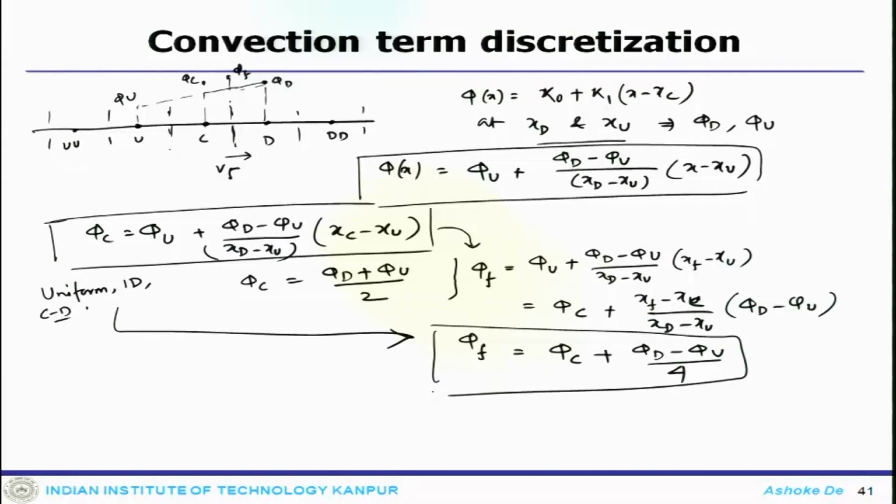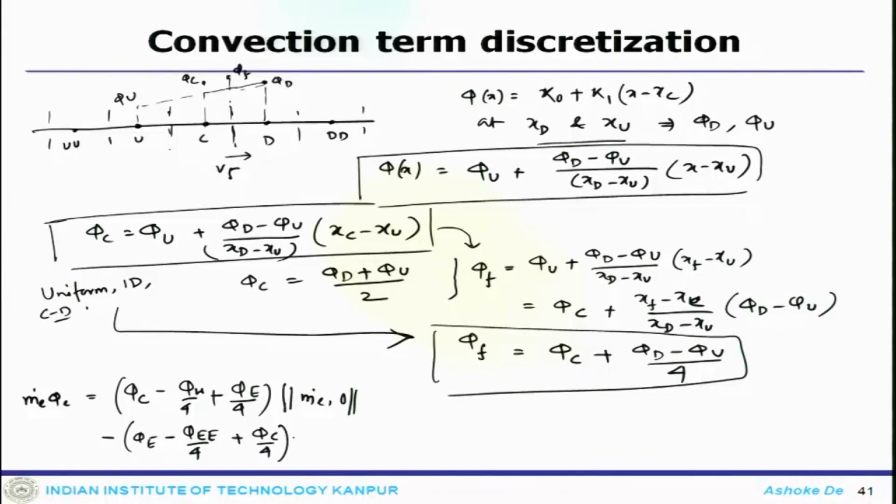To put this information back in the discretized equation, you calculate the fluxes at the faces, which will be phi c minus phi w plus phi E by 4 multiplied with m dot E 0, minus phi E by 4 plus phi c by 4 multiplied with m dot E 0.